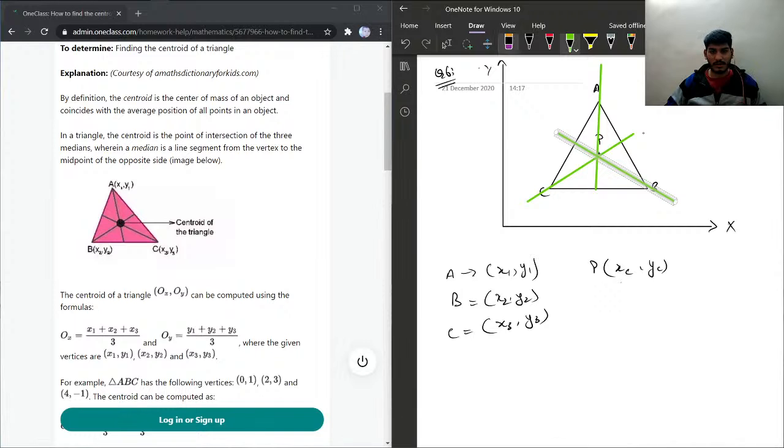I'll just leave it here and erase the extra part. Oh no, I'll just draw it with my pen. Very horrible. And this is again very horrible.